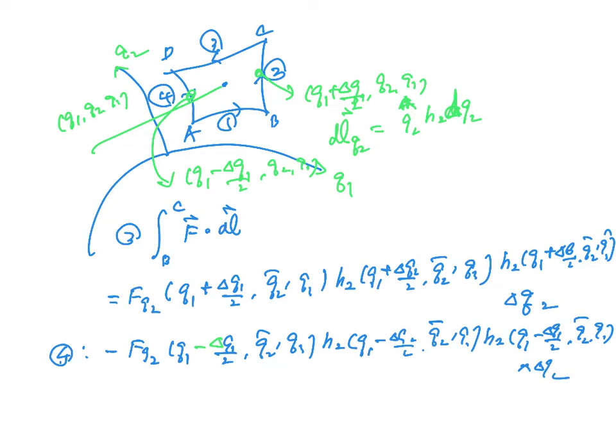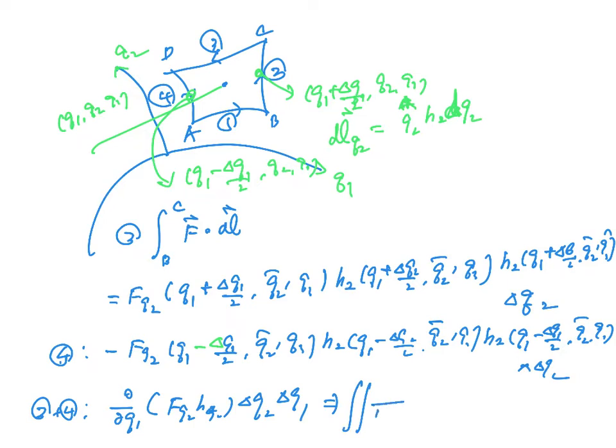So 2 plus 4 is actually same as before, partial Q1, partial FQ2, H2, and delta Q2, and delta Q1, right? So it becomes H1, H2, partial Q1, partial FQ2, H2, ds.